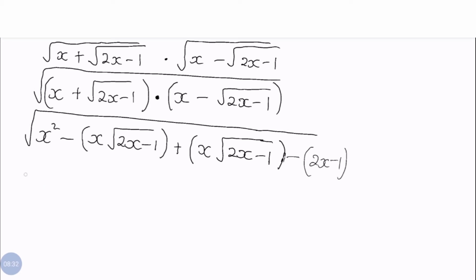So now we have something like this. We have x squared. This will cancel this, such that we will be left with minus bracket 2x minus 1. So this multiplied by that is minus 2x. That multiplied by that is plus 1.